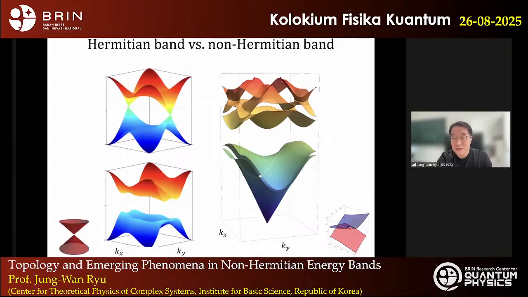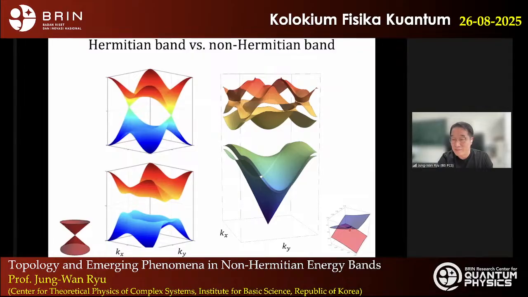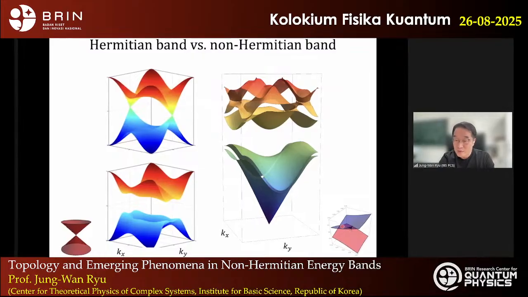Real parts and imaginary parts of energy are the same at this point. However, there is another branch cut structure here. In that case, the real parts are the same, but imaginary parts are different. So this branch cut structure is not degeneracy.